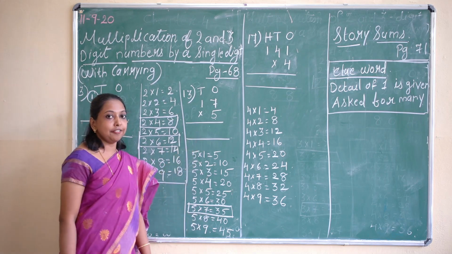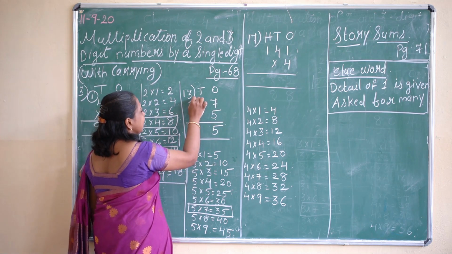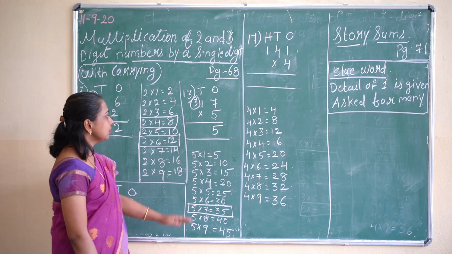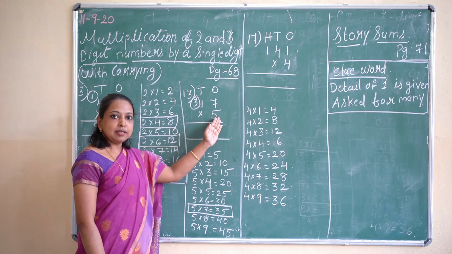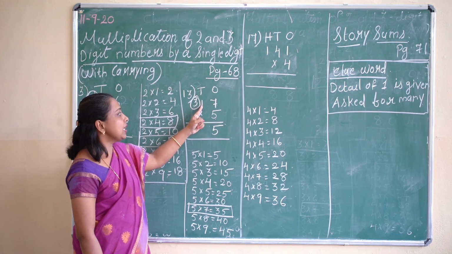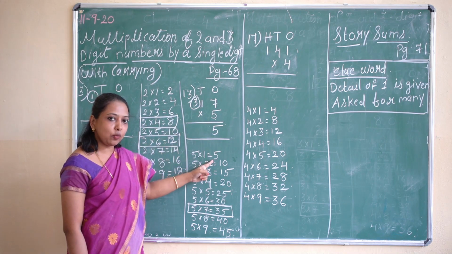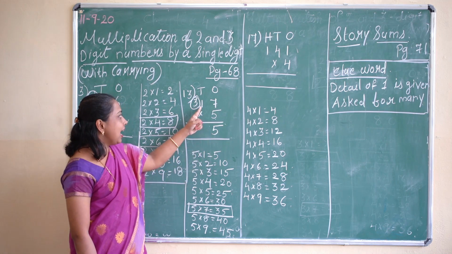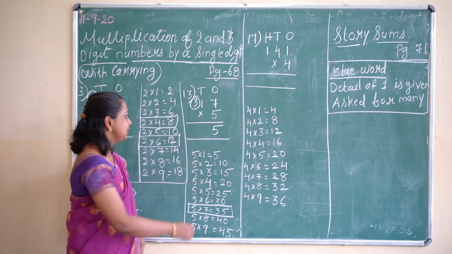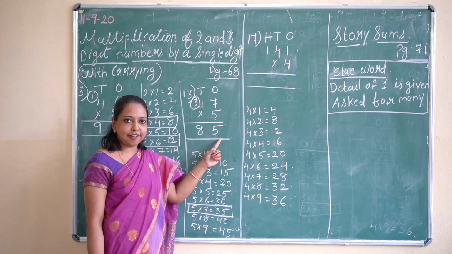But how will you write 35? Only 1 digit we have to write. So you write 5, and 3 is carried over to the tens place. Okay. Now we can start the second step. 5 multiplied by the digit at the tens place. 5 ones are 5. From the table we got 5 ones are 5. And add 3 to 5: 5, 6, 7, 8. So you got the answer 85.